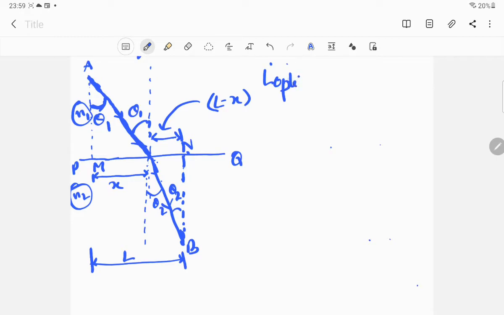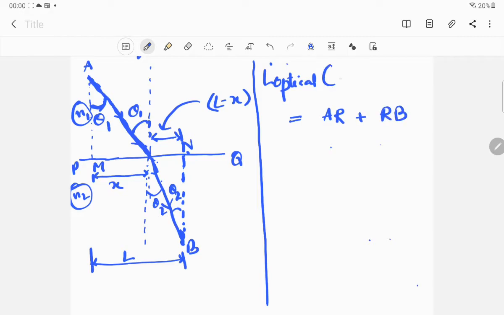I will name it L suffix optical. You can see in the note that I have provided. Okay, so L optical, that is nothing but AR plus RB, because L optical is nothing but the total path ARB.